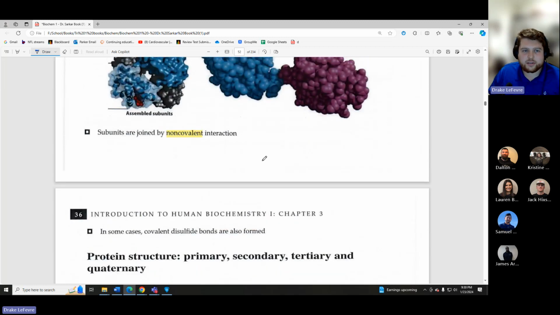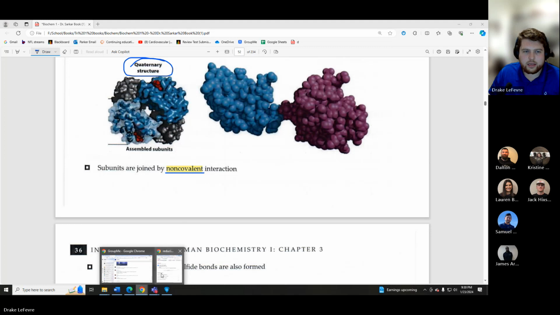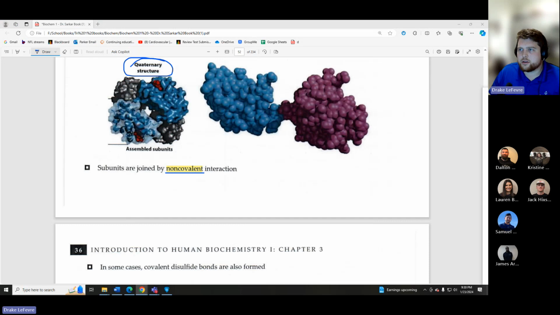The subunits, all these things, are joined by non-covalent interactions. That has another name.